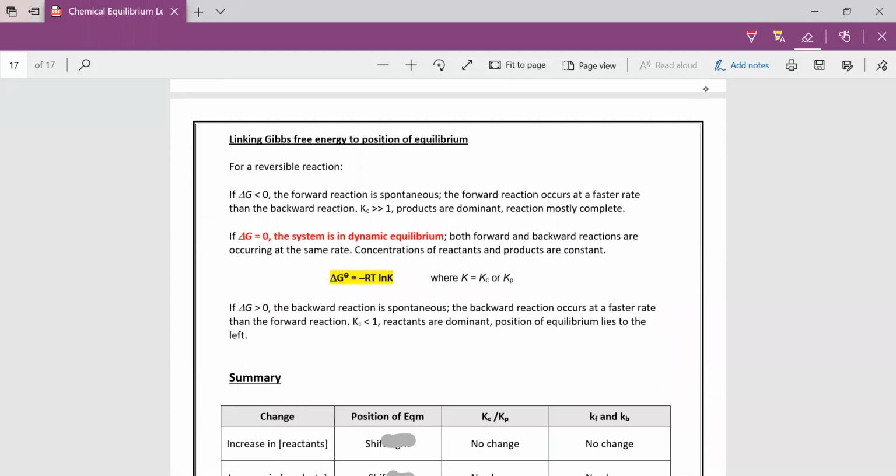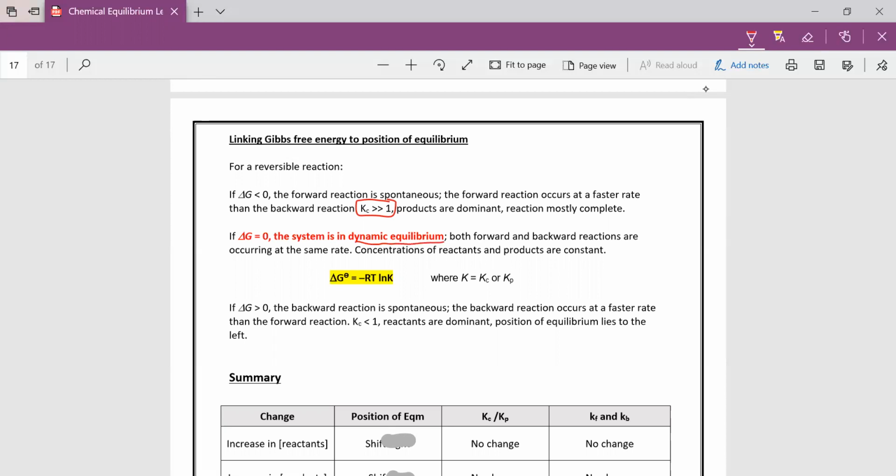To link your Gibbs free energy to position of equilibrium, if your Gibbs free energy is less than 0, the forward reaction is spontaneous. So we can deduce that your Kc is going to be much greater than 1. If your delta G equals 0, the system is in dynamic equilibrium.